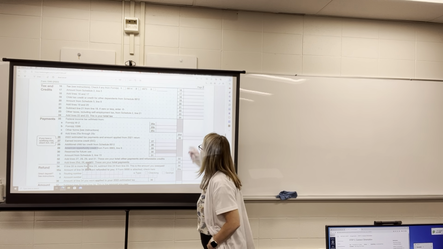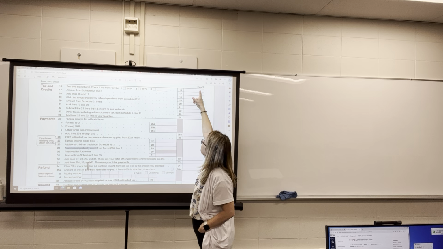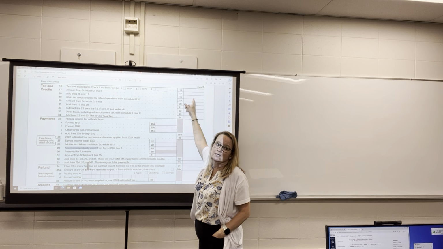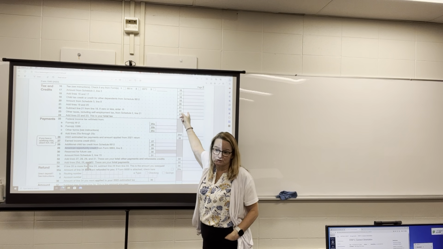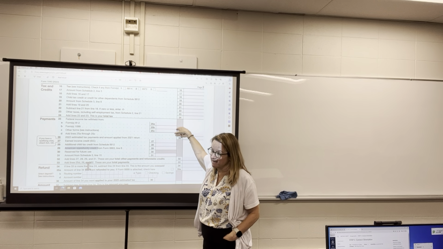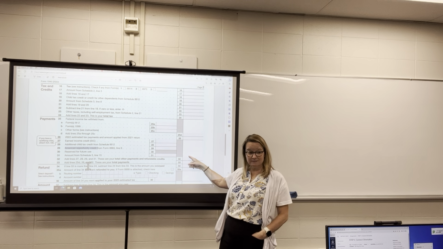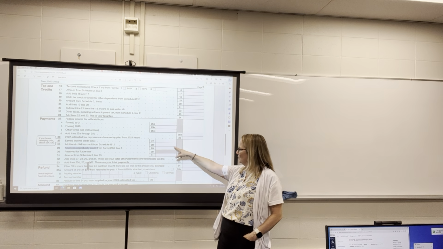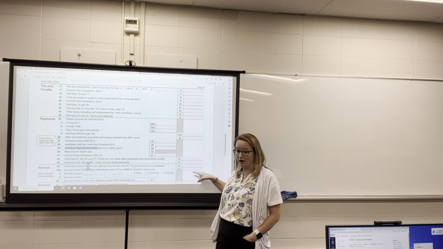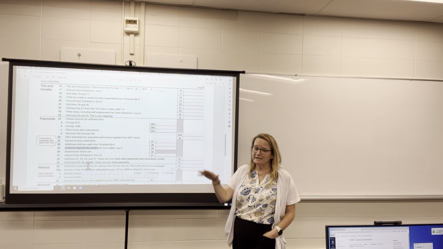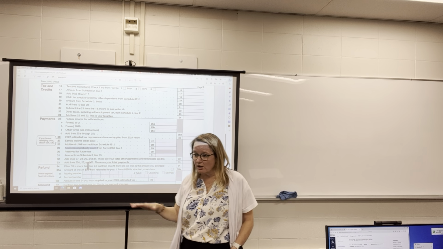So if it's a non-refundable credit, say you have tax of $2,000, you have a non-refundable credit of $3,000, you only get to use $2,000 of that credit because it can't bring you down below zero. But if you also have a refundable credit, then whatever that refundable credit is, you are actually going to get back.